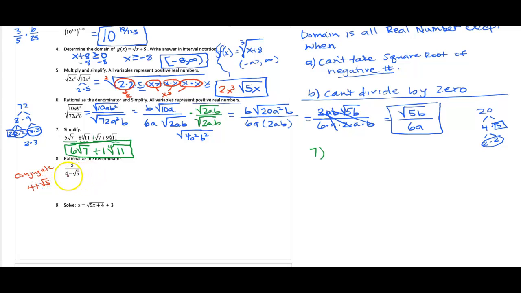So it's basically exactly the same as what it has here, except we're switching the sign in the middle. So if it started out as 4 plus square root of 5, then my conjugate would be 4 minus square root of 5. Right? So on here, we're going to multiply the top and bottom by the same thing. So 4 plus square root of 5.